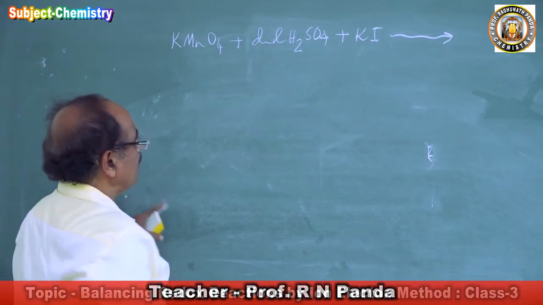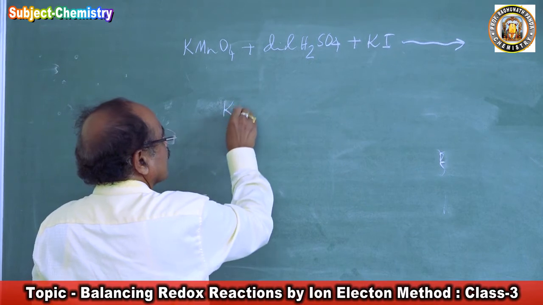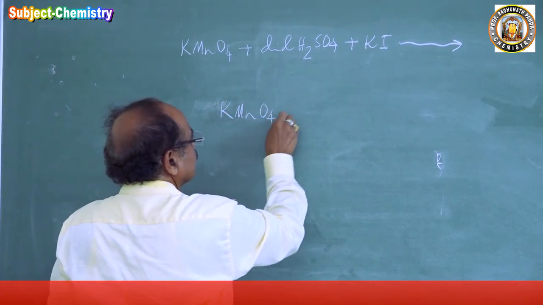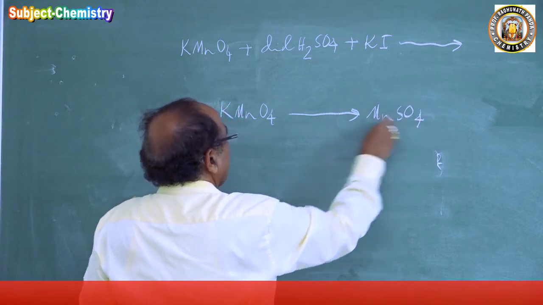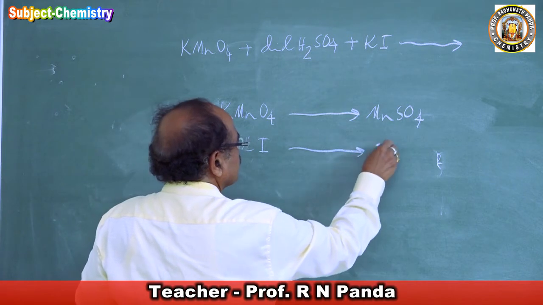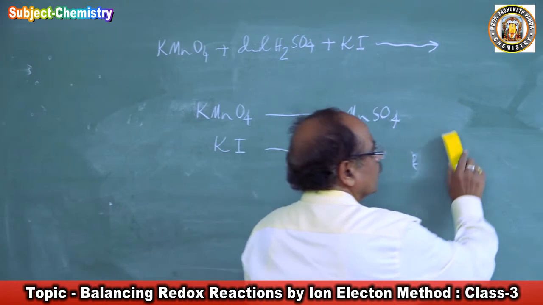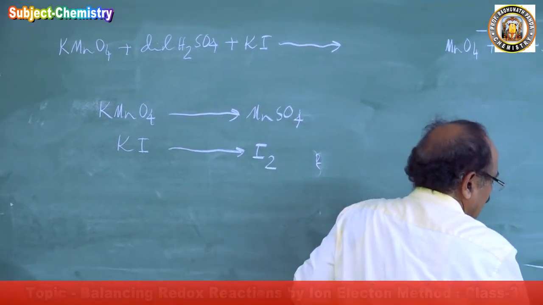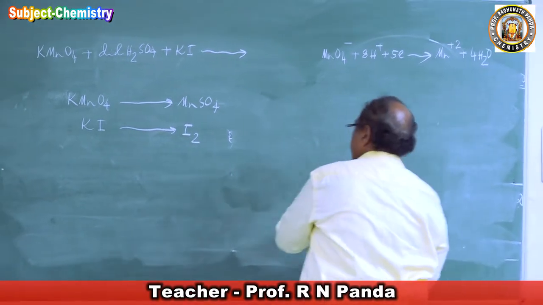KMnO4 will form MnSO4 and KI will form iodine. So potassium iodide is becoming iodine. That is the equation for this.